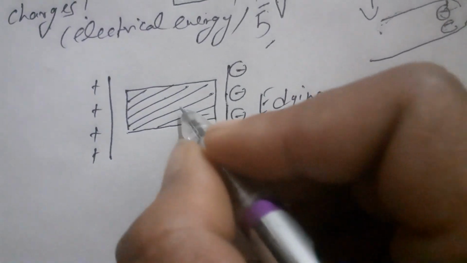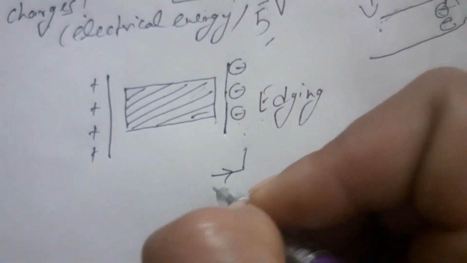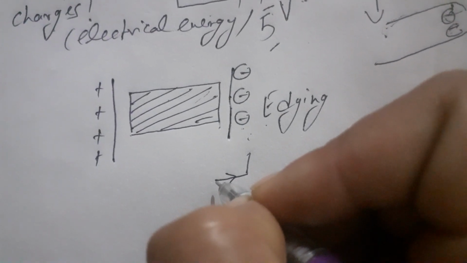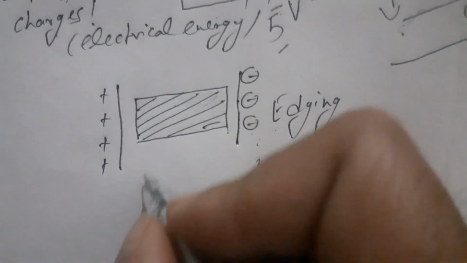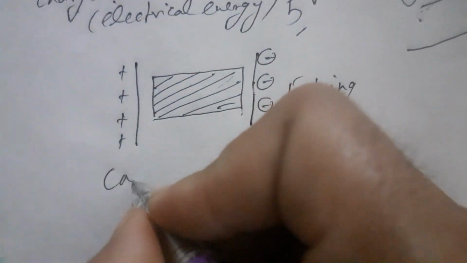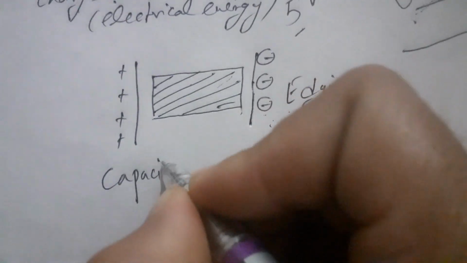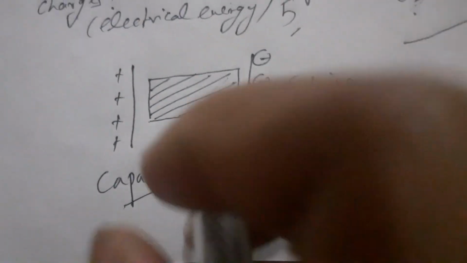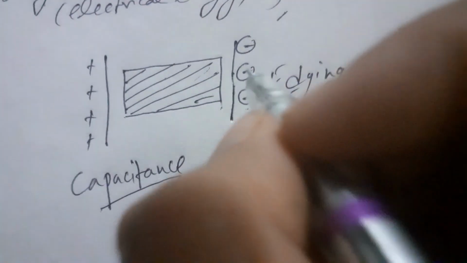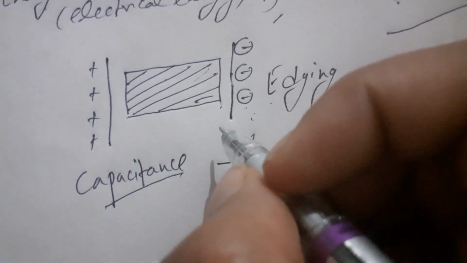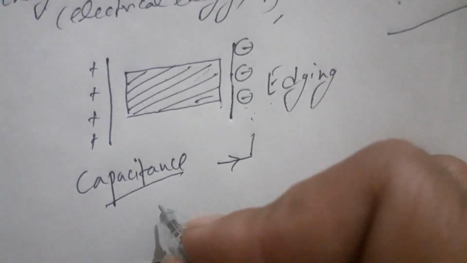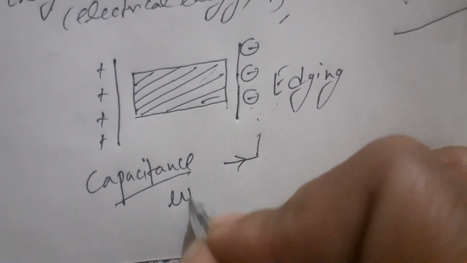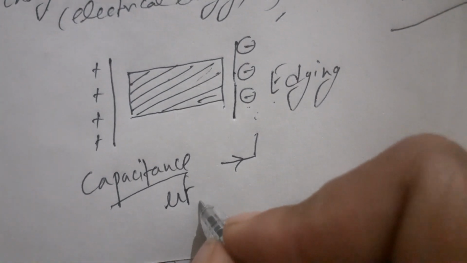And in the right condition, when the voltage exceeds the capacitance of the capacitor. Capacitance, there is some value like this written on all capacitors. It is in microfarad. Farad.